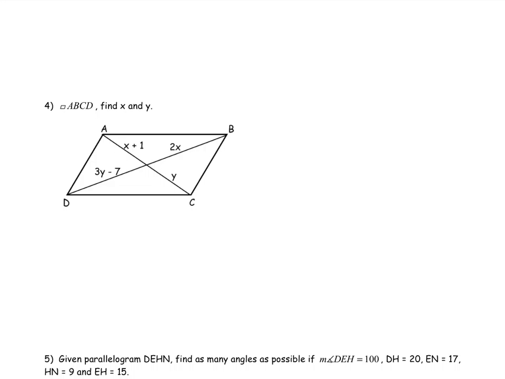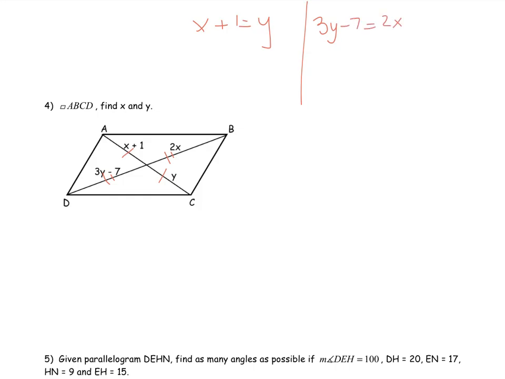In the next problem, this one's just slightly harder because we have x's and y's. But we're going to use the fact that the diagonals bisect each other, and I'm going to come up with two equations. My first equation is x plus 1 equals y, and my other equation is 3y minus 7 equals 2x.